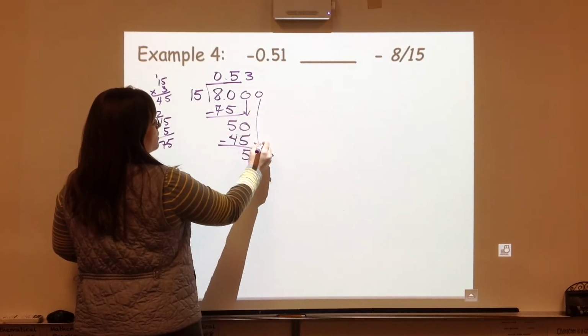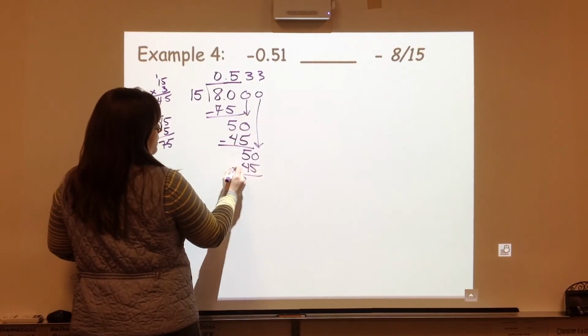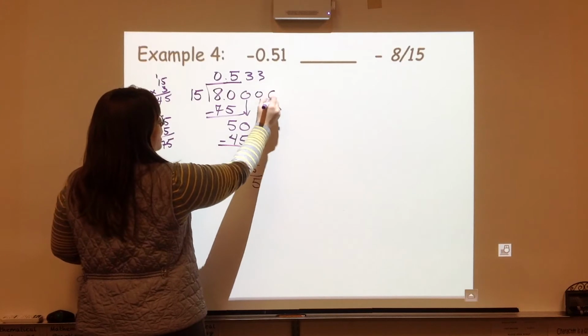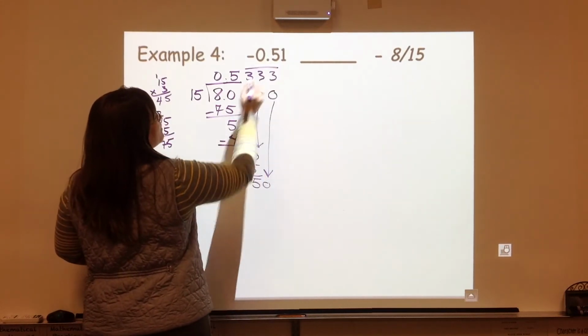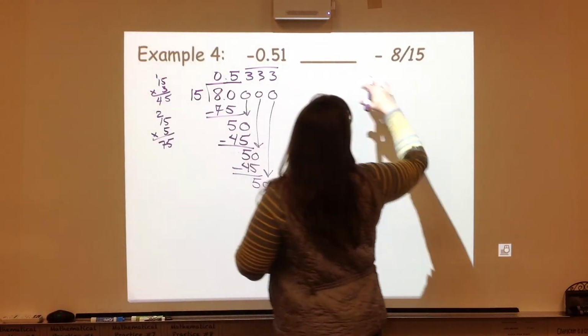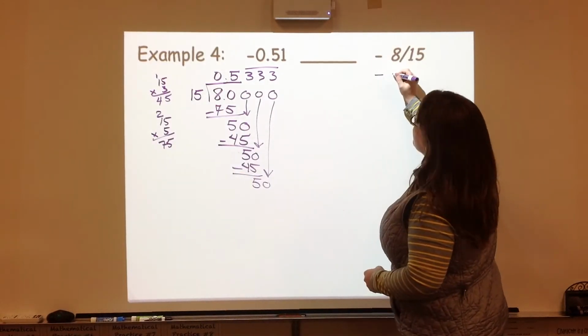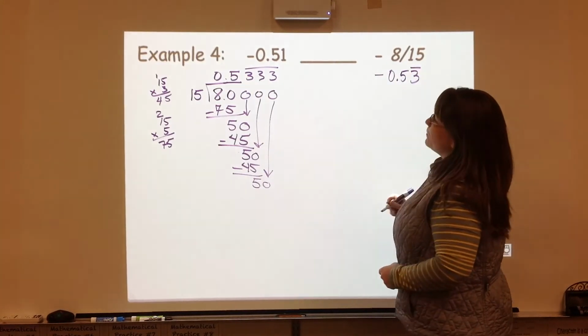That's good news. I'm going to then need another 3 and another 45, and lo and behold, I'm seeing a pattern. So I can stop. The 3 is going to repeat. So this number will change to -0.5 with a repeating 3, with a line over it.